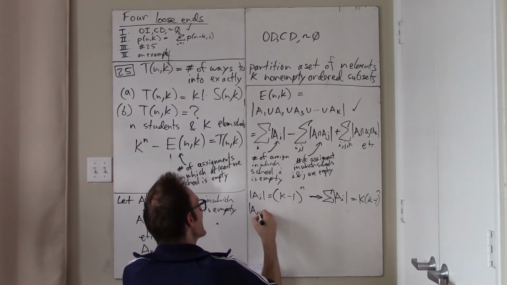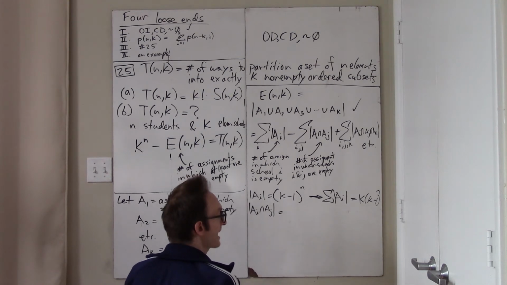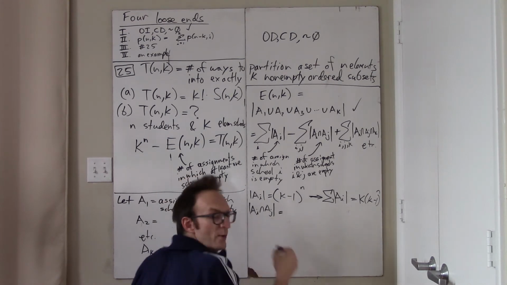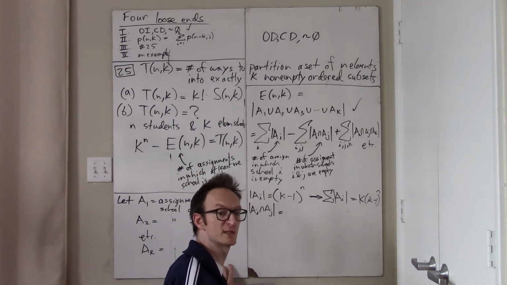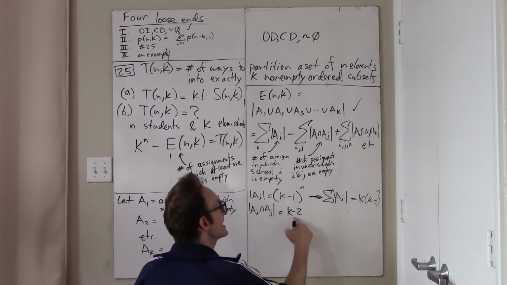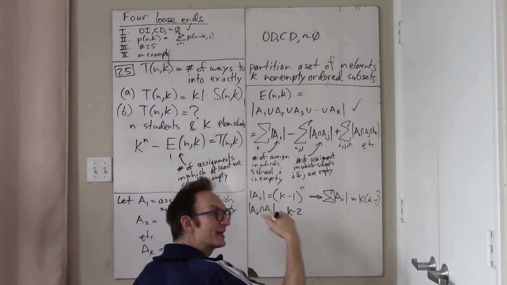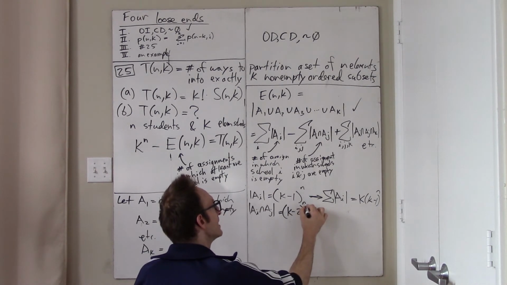What is the size of A_i intersect A_j? Taking two generic schools, i and j, how many assignments are there in which those two schools are empty? Well, if those two schools are empty, then I have two fewer schools to send my n students to. So I have only k minus 2 choices for student 1, k minus 2 choices for student 2, etc., all the way up to n. So there are (k minus 2) to the n ways to do that.